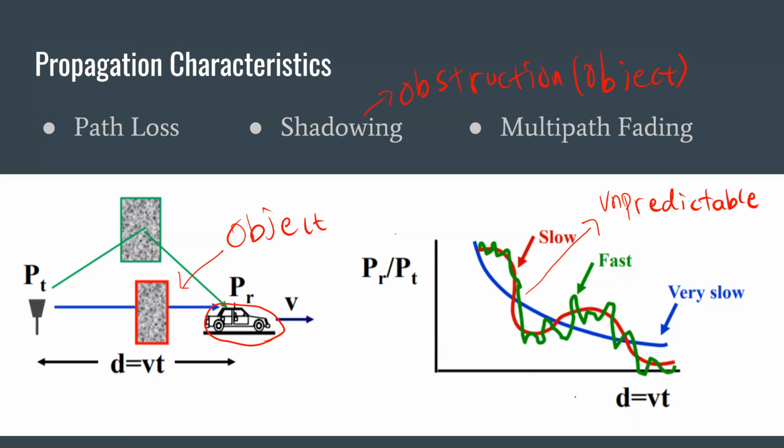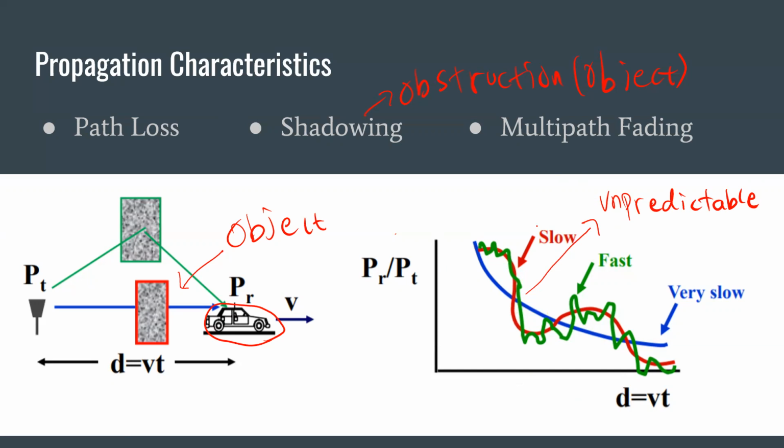So why does the signal being unpredictable make it bad, or inferior to shadowing or path loss? Well, we can see that the line has a lot of fluctuations, and they are frequent and fast, as the graph describes. So it is hard for us to tell how the receiver should behave when it receives the signal.